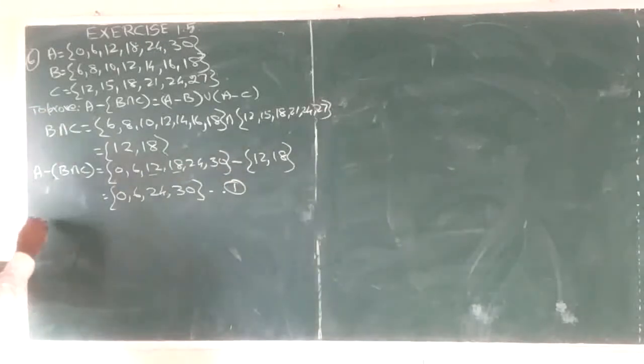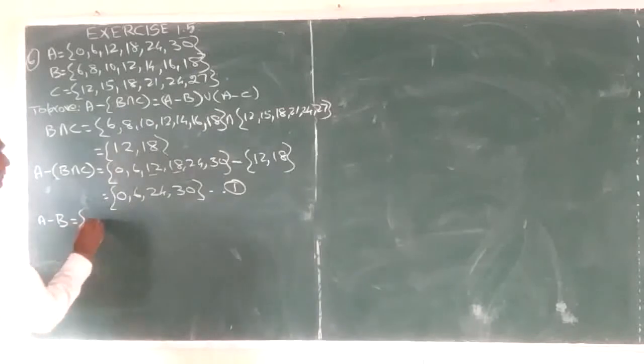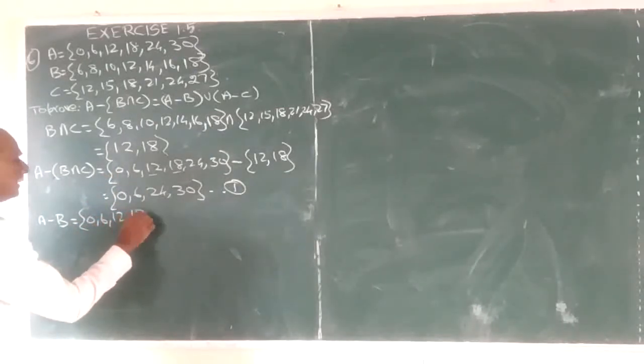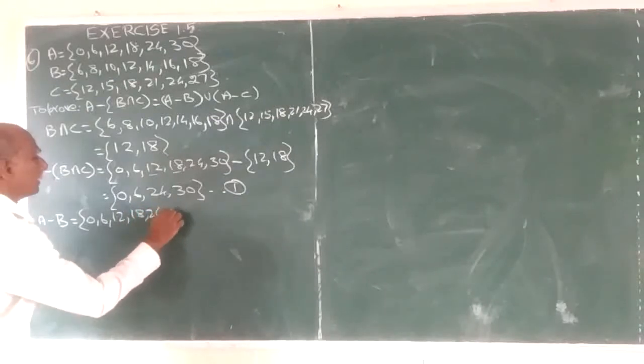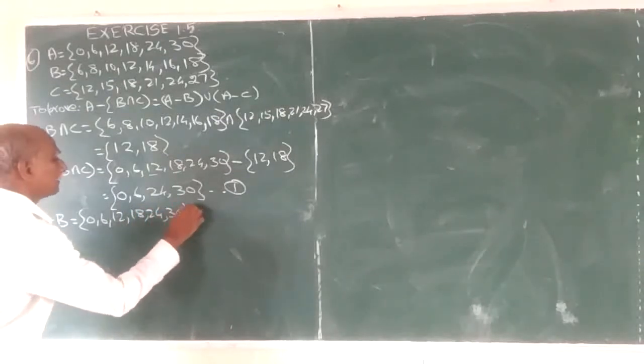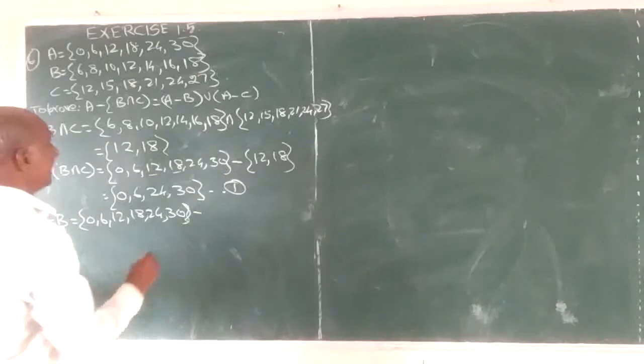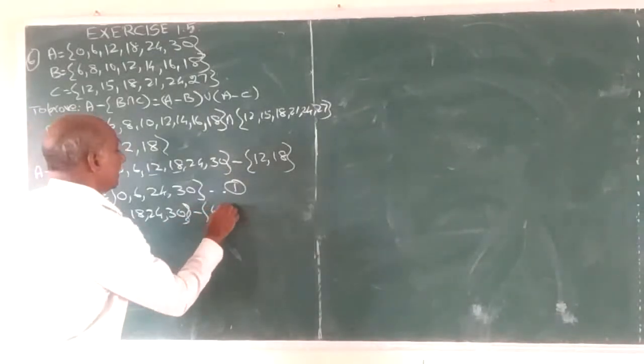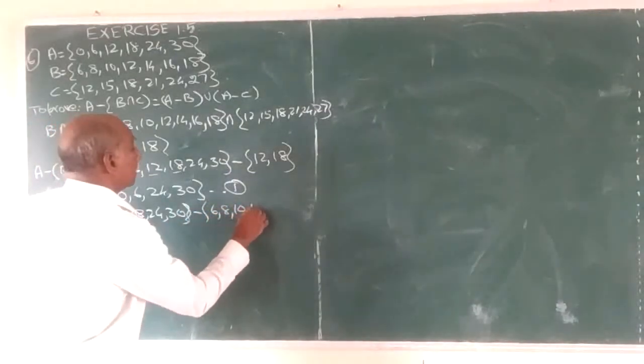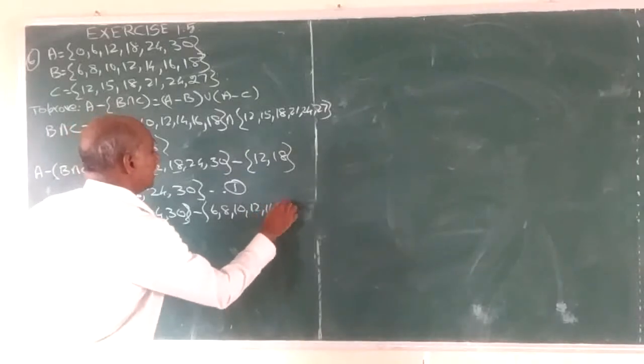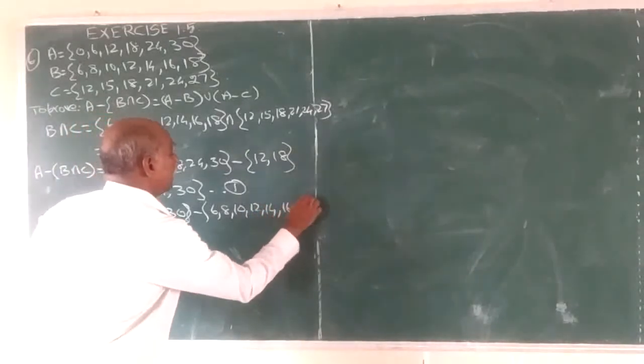For RHS, you have to find A difference B. What is A? 0, 6, 12, 18, 24 and 30. B is 6, 8, 10, 12, 14, 16 and 18.